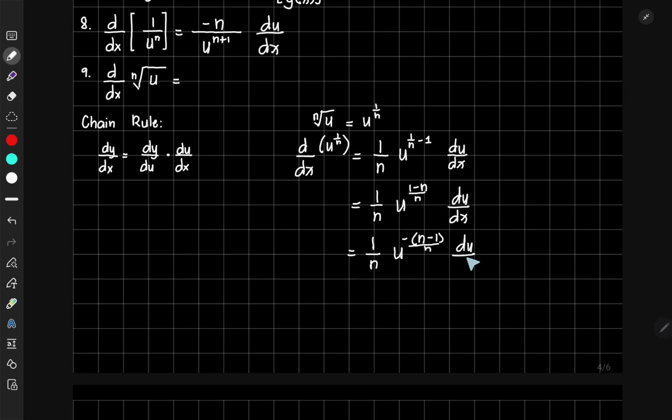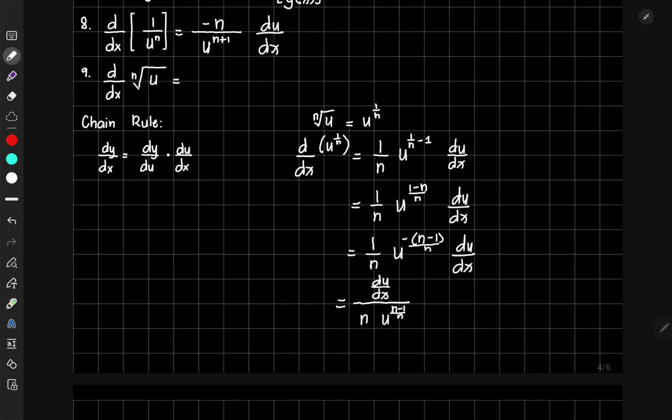So, du over dx. So, since meron tayong negative dito, ibaba natin siya sa denominator para maging positive. So, we have n times u raised to n minus 1 all over n. So, dito naman sa taas, sa numerator, that would be 1 multiplied by yung du over dx natin, or that would be du over dx.